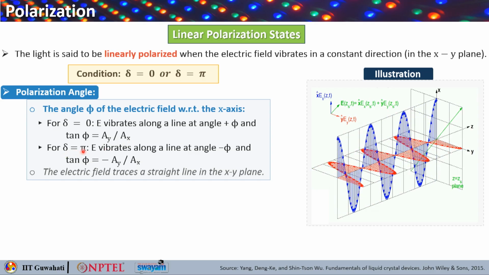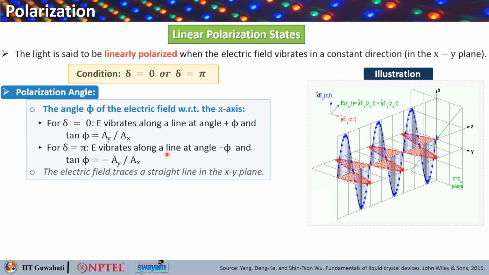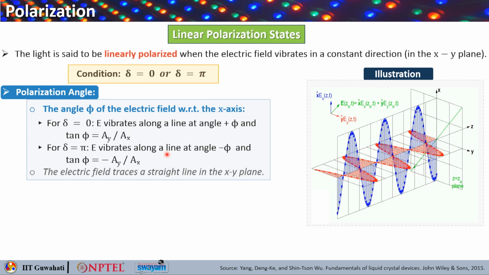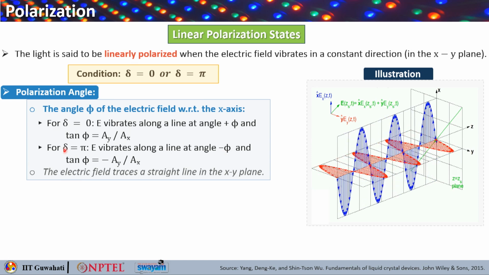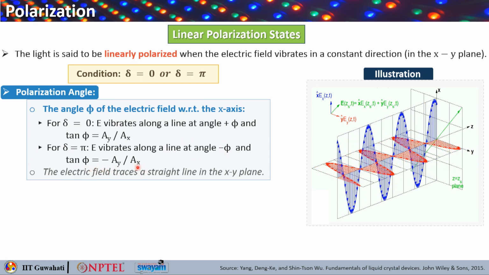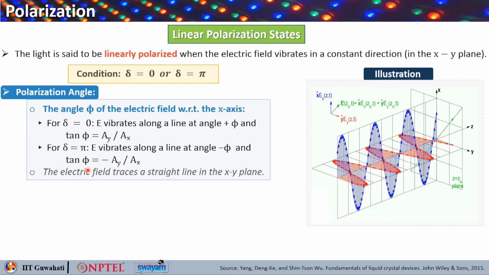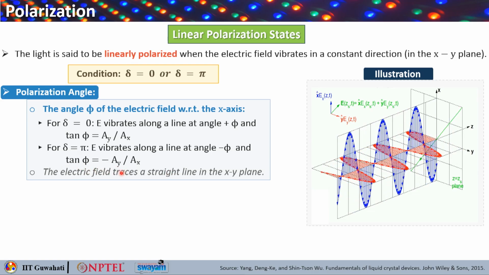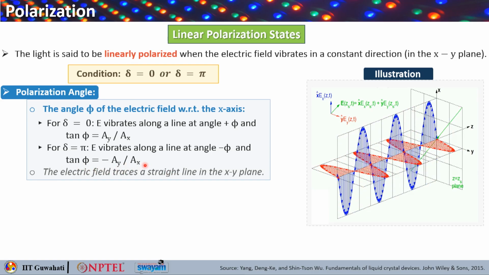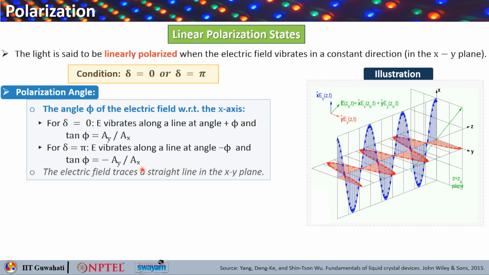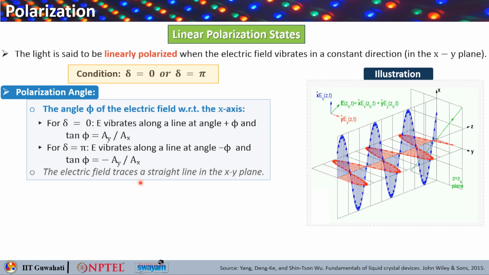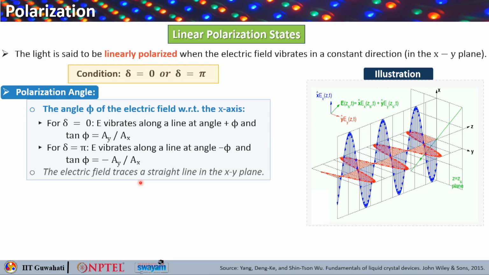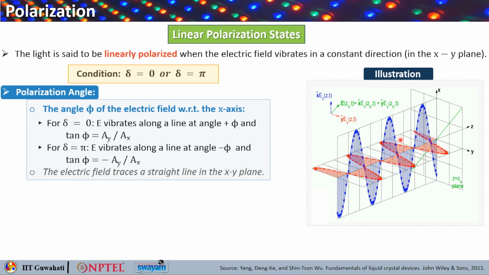When you have the phase difference equal to pi, the electric field is basically having an angle of minus phi, where you can get this phi from this. So, here tan phi will be minus Ay by Ax, but in both cases the electric field vector basically traces a straight line in the xy plane.